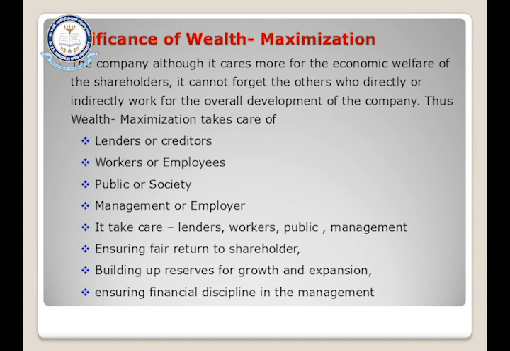It also ensures a fair return to the shareholders, and at the same time focuses on how to build reserves for the expansion of the business in terms of retained earnings. It also ensures financial discipline in the management with the help of this wealth maximization objective.